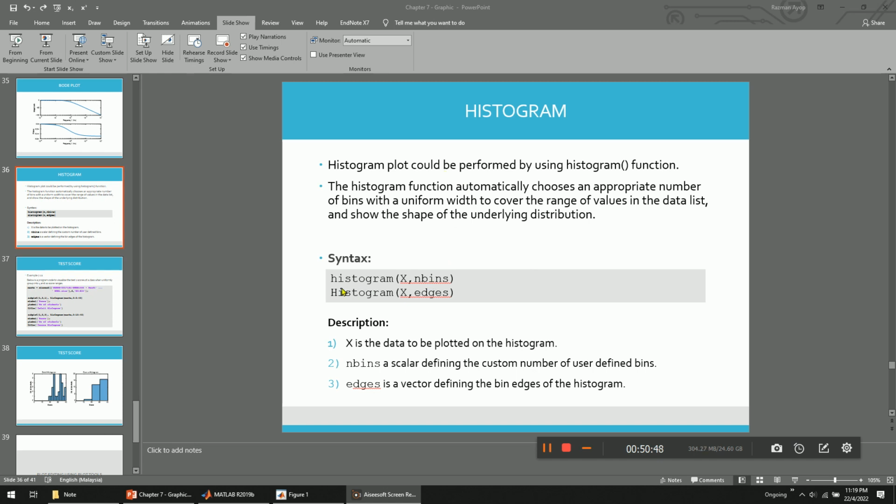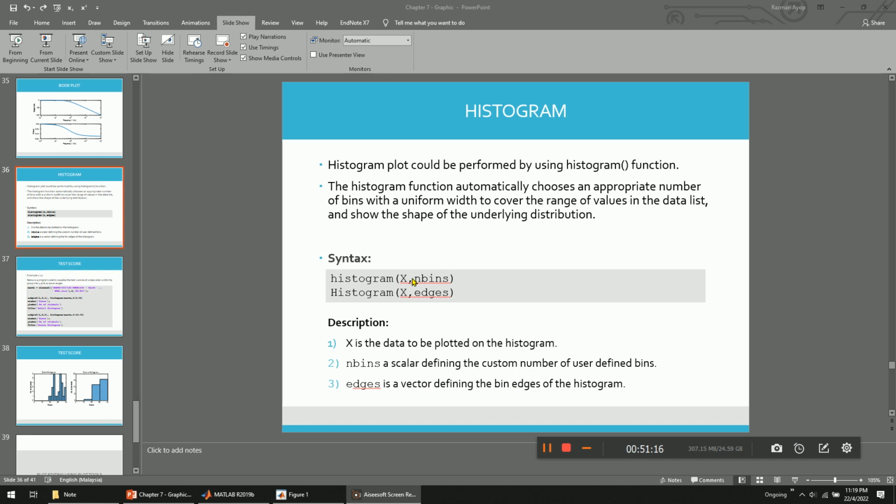So you can use this code, histogram(x, nbins), where x is the data. nbins is a scalar defining the custom number used to define the bins. A scalar number means that you can choose 1, 2, 3, 4, 5. And h is the vector defining the edges of the histogram.